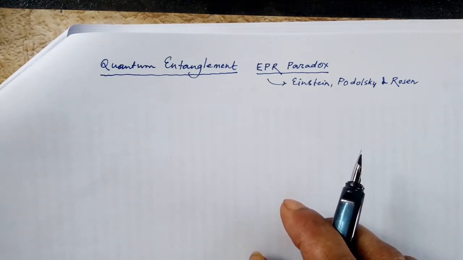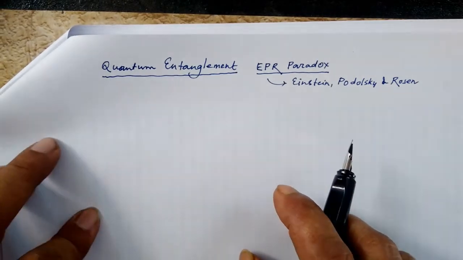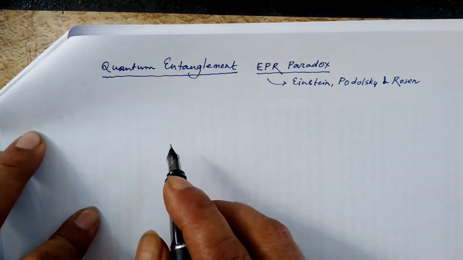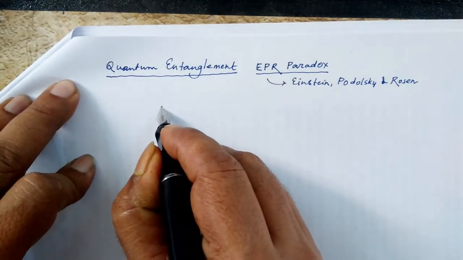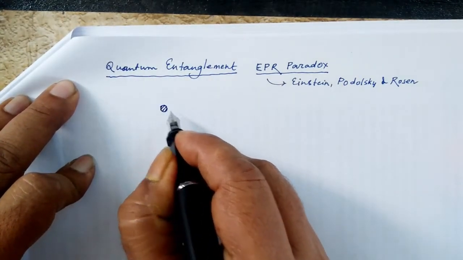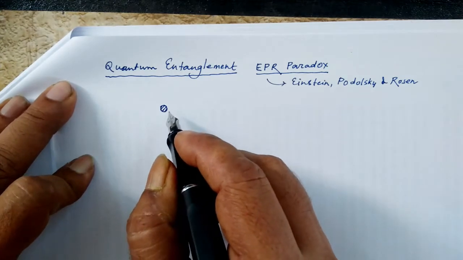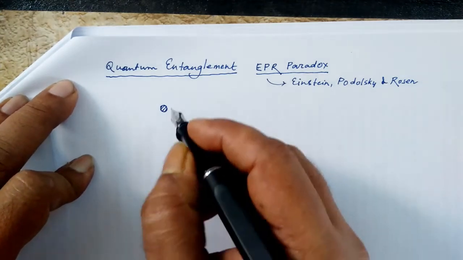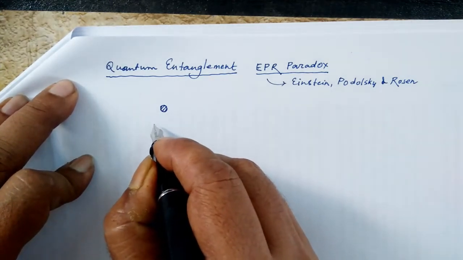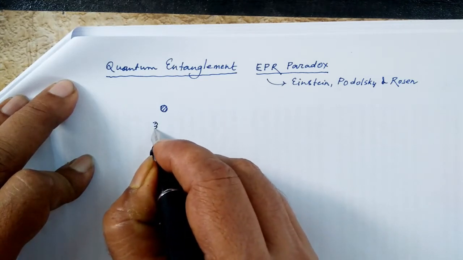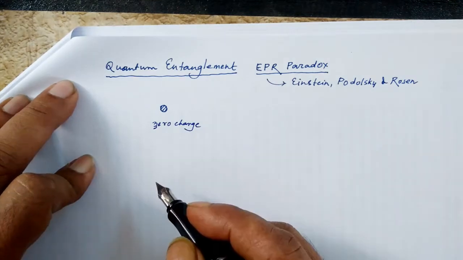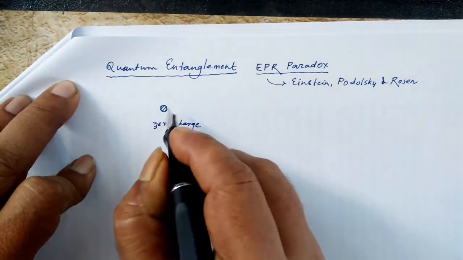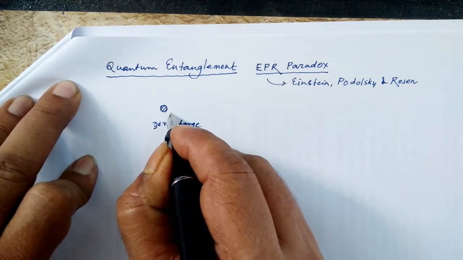So what is that? Now imagine we have an elementary particle with zero charge. You can consider it as a neutral pion.